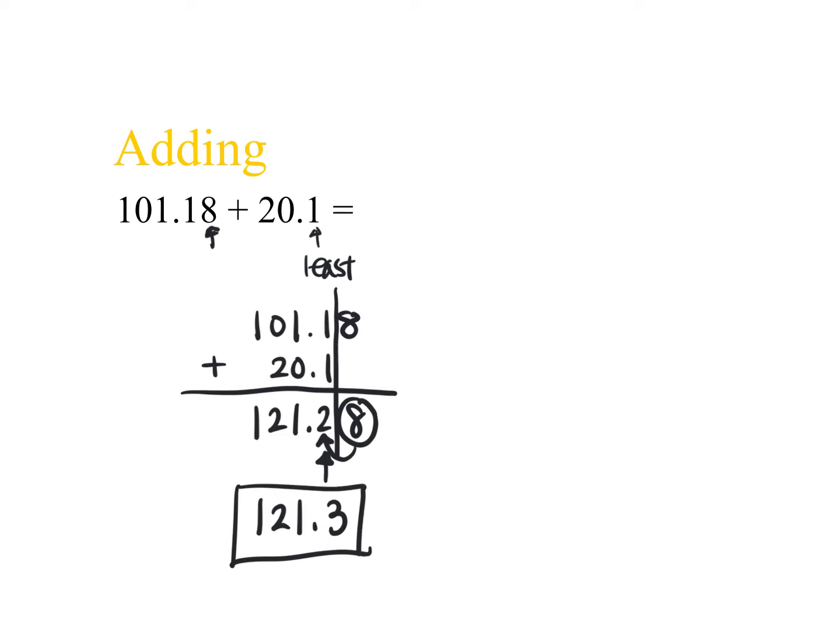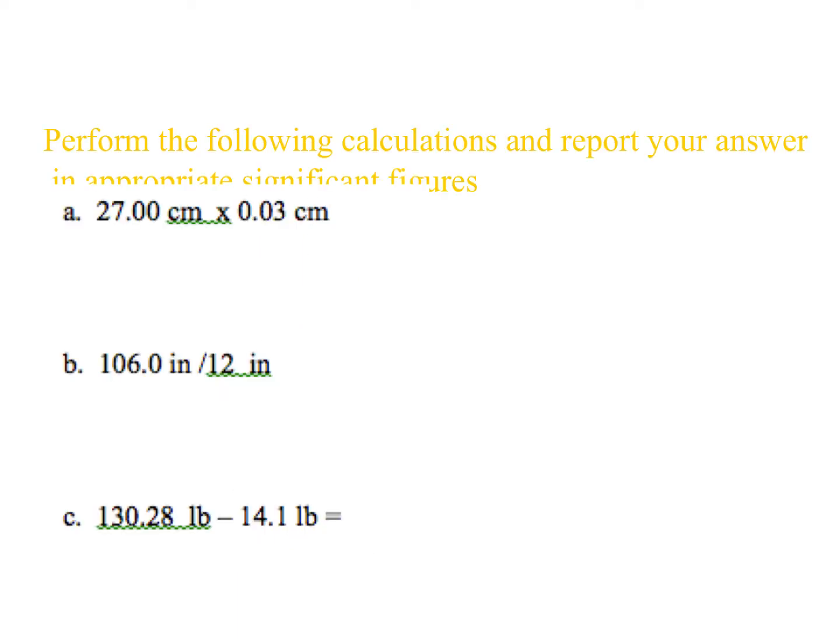Next one. Okay, so we talked about how for multiplication and division, we use the least or the fewest sig figs. So I literally am typing 27.00 times 0.03 in my calculator, and it's equal to 0.81 centimeters squared.